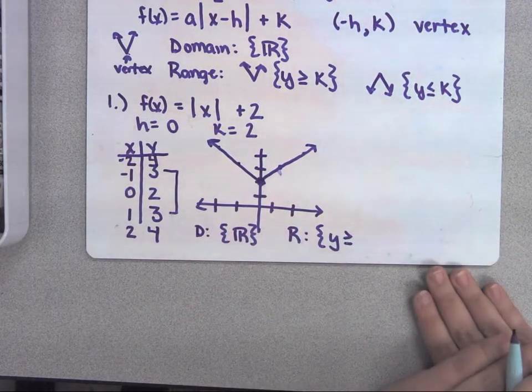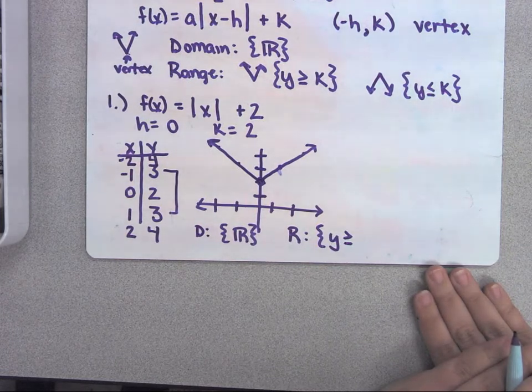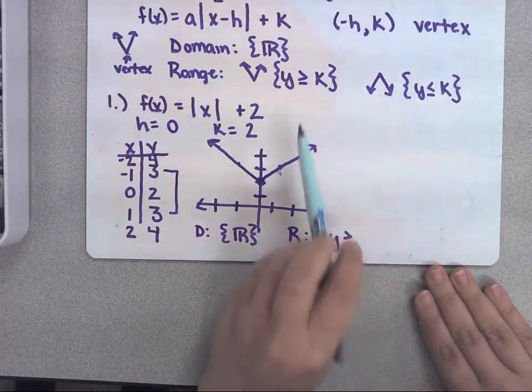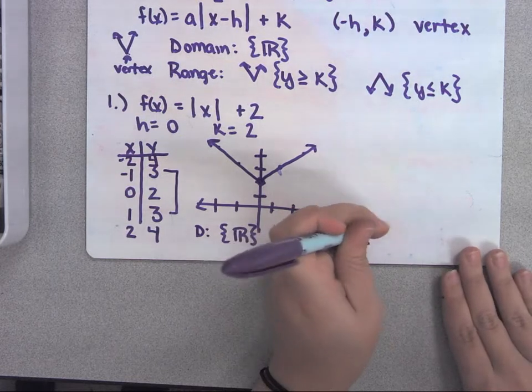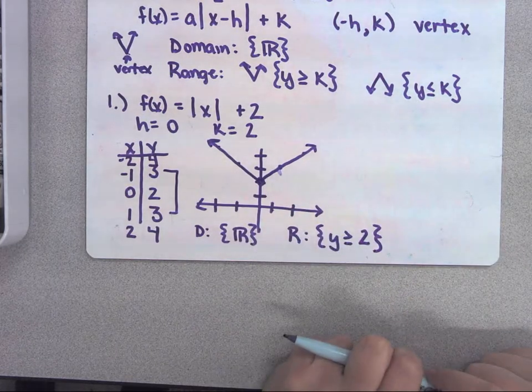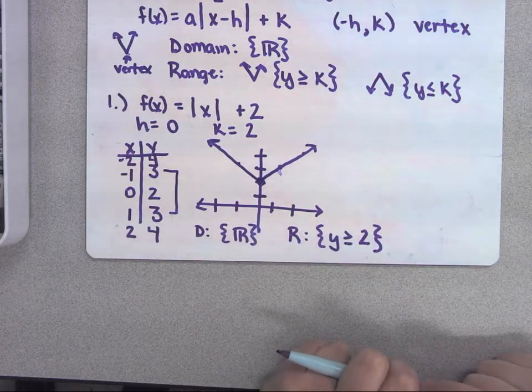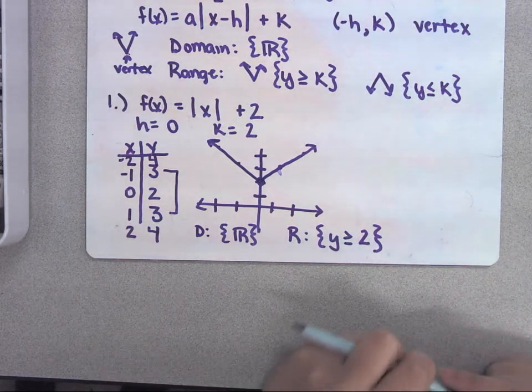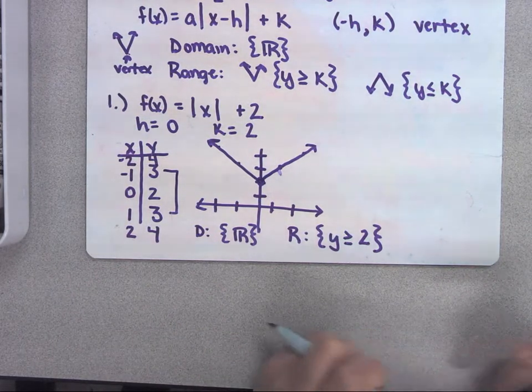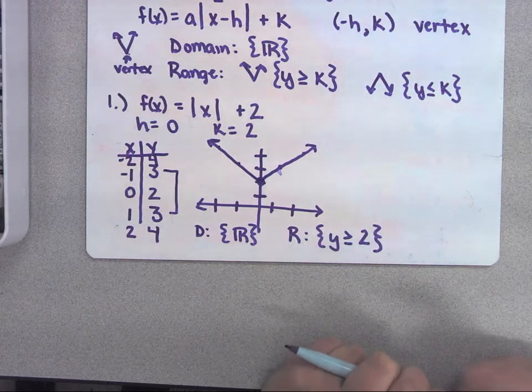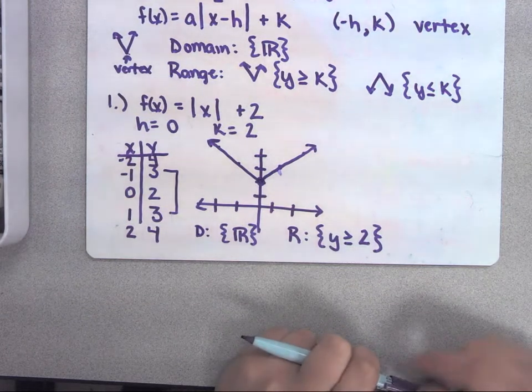Or equal to. Yep. The only difference is the book, since it's a function, instead of writing y, it writes f of x. Aren't they the same thing? They're the same thing, so it's okay. Does that make sense? Is that pretty easy?